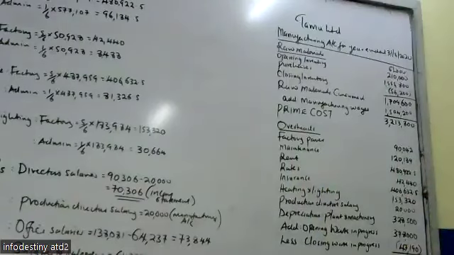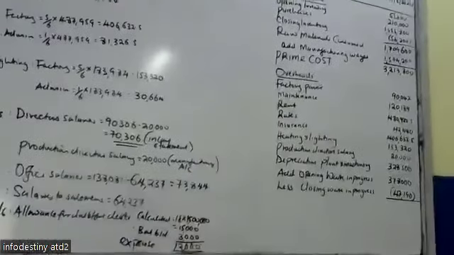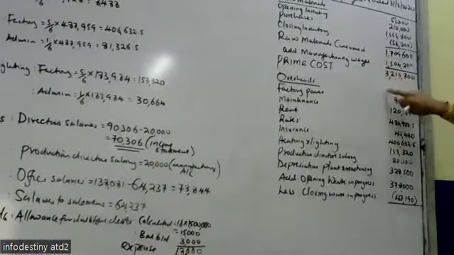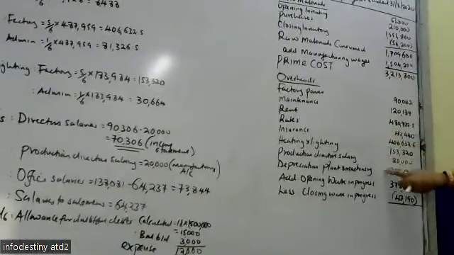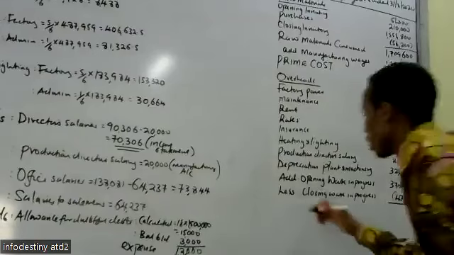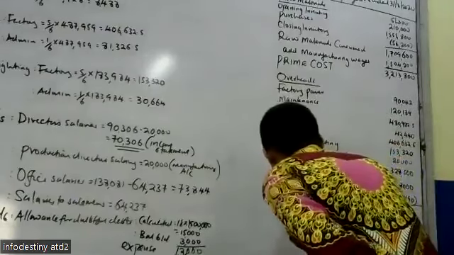So we take the prime cost, add all these costs, then lastly we less the closing work in progress. And that will be the manufacturing cost.